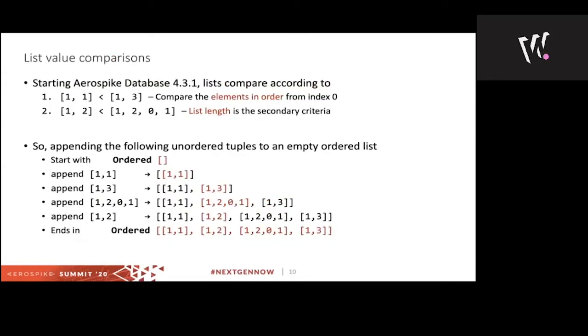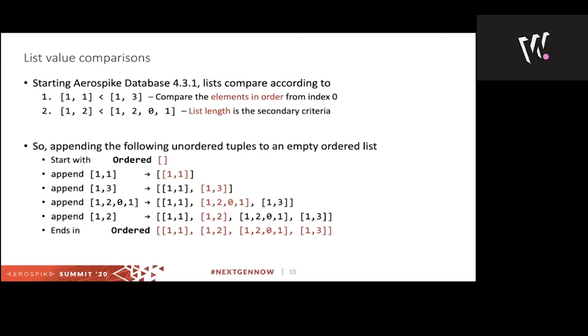What about list value comparisons? What if you have things that are a complex data type, like lists, and you have a list of lists, or a list of tuples in this case, represented as a list? Starting with Aerospike 4.3.1, the way list values are compared has changed slightly, but that's been the case for quite a while now. First, we compare the elements in order from index 0.